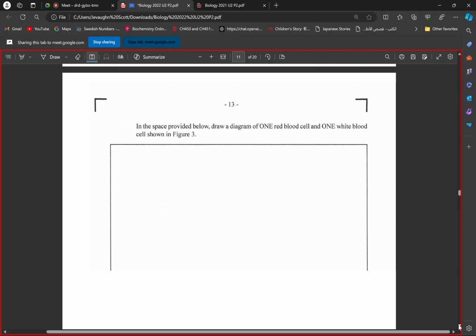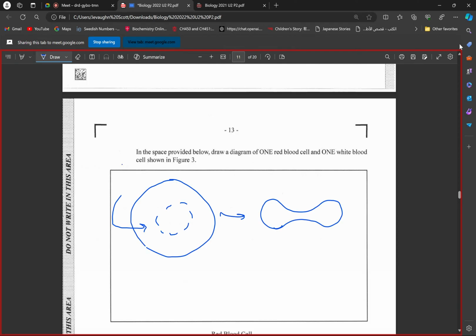So I drew the biconcave shape as well. I drew a top down and a cross section, right? Because the structure of the erythrocyte is primarily characterized by its biconcave shape. There was no way I was going to give you that in the paper without showing the biconcave shape. But we just need to know the biconcave shape to draw the diagram.